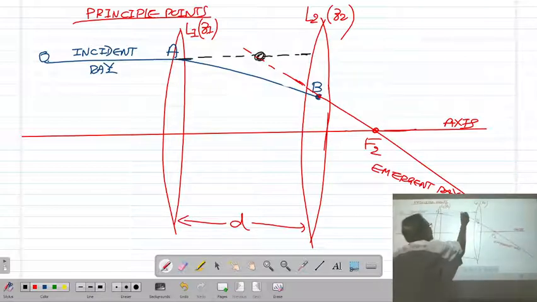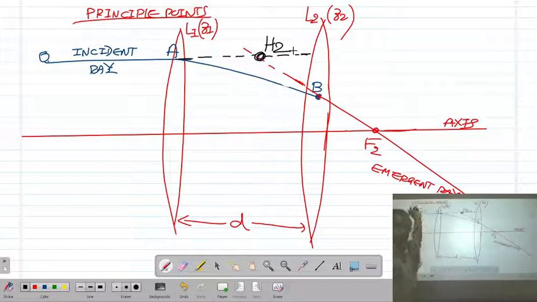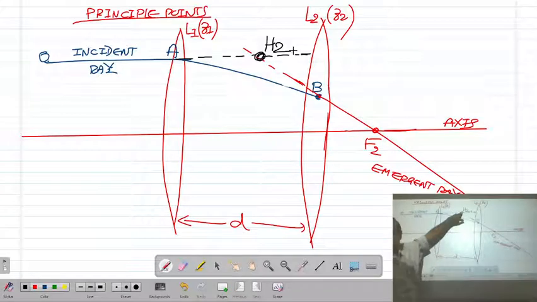Both the rays are meeting or crossing at point H2. So the incident ray is extended in the forward direction and the emergent ray is extended in the backward direction, and both the rays are crossing at point H2.